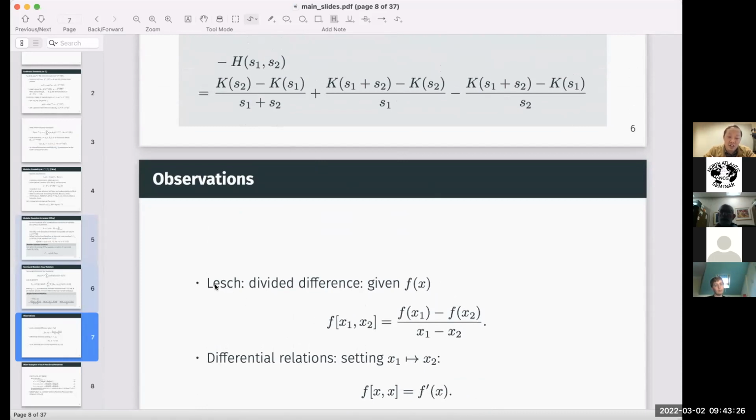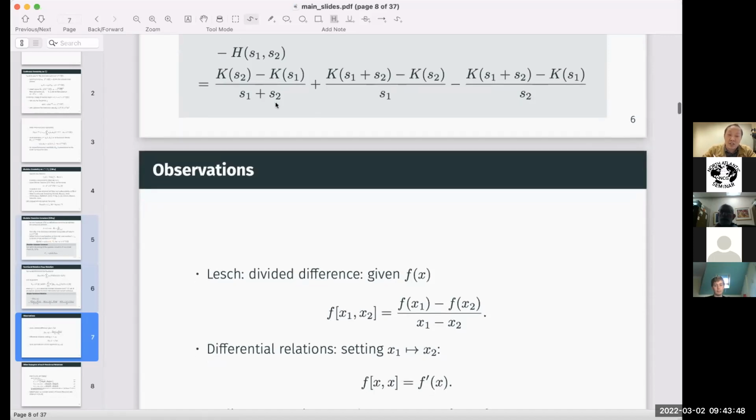This observation is due to Lesch. I learned a lot from his paper on the divided difference in noncommutative geometry, which has had a huge influence on all the progress I'm going to report later.